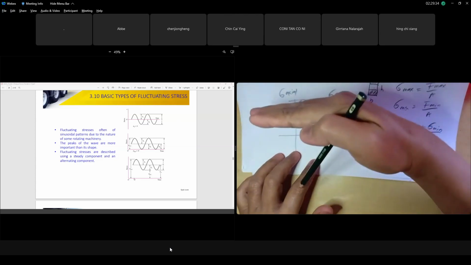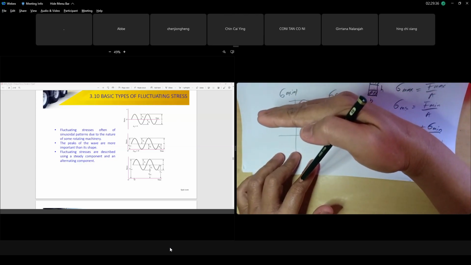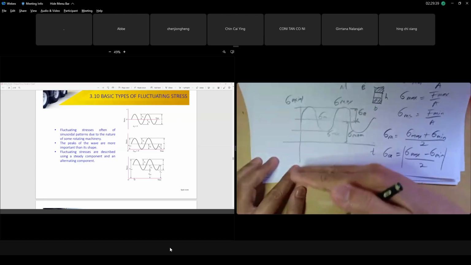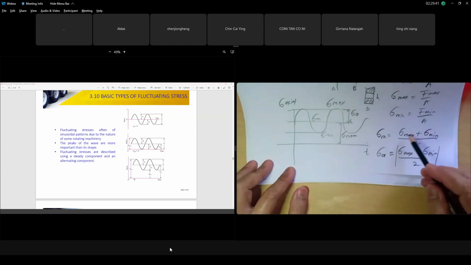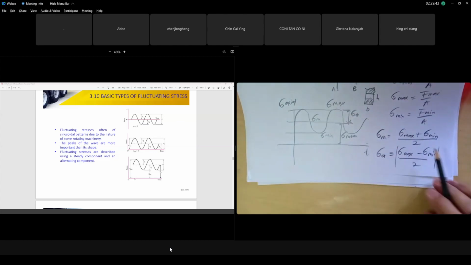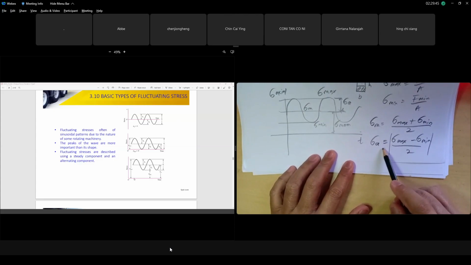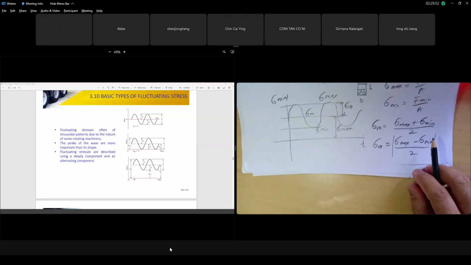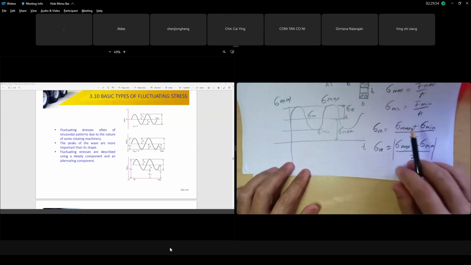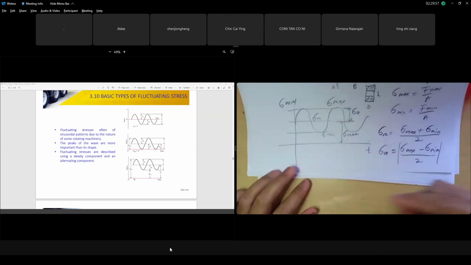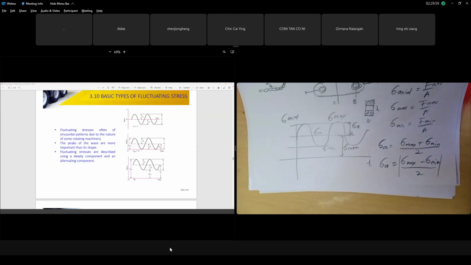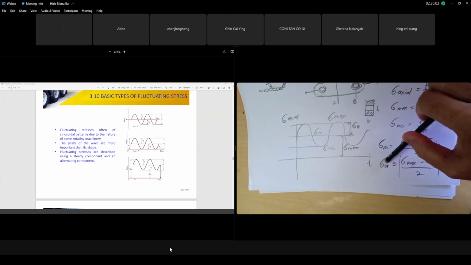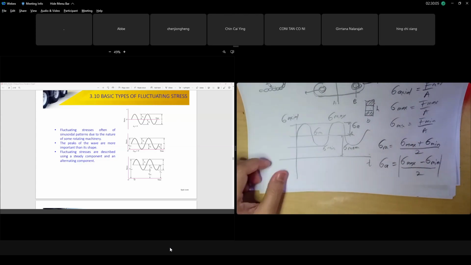Sometimes the maximum level is on the positive side and the minimum level is negative, and you have to use negative. So you get the average somewhere in the middle. But the amplitude is always positive, because it is sigma max minus sigma min over 2. Always take the positive value. Clear, class? Amplitude is always positive, even if you go for negative. So you must calculate your sigma mean and sigma alternate, or amplitude. Understand?